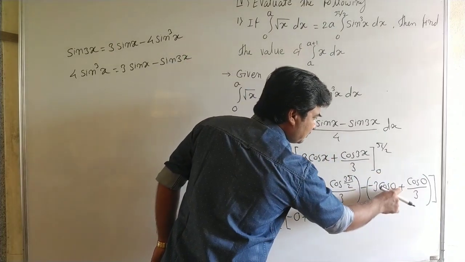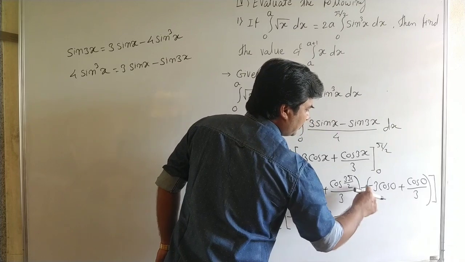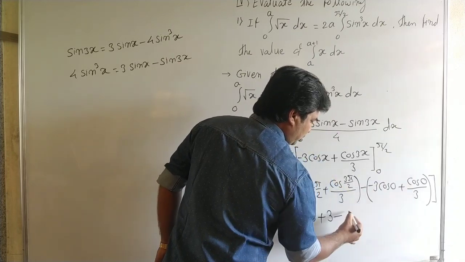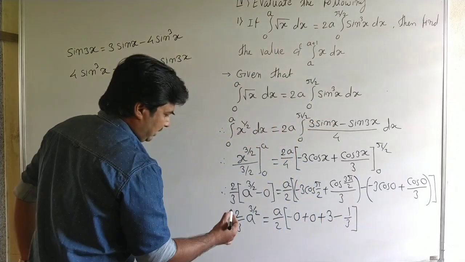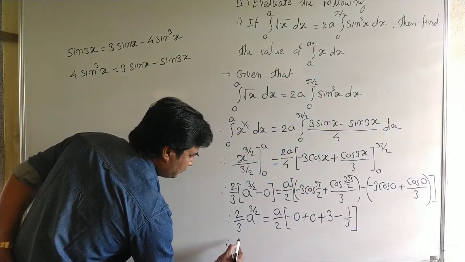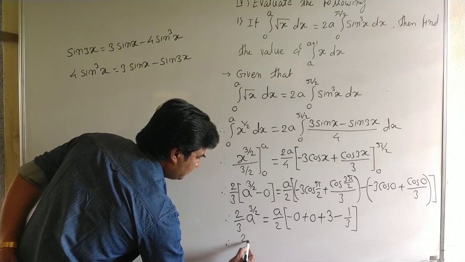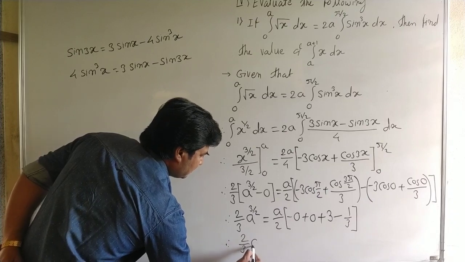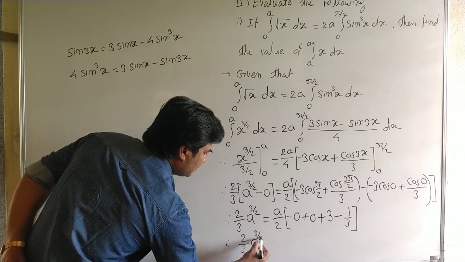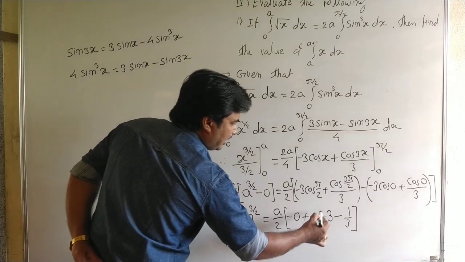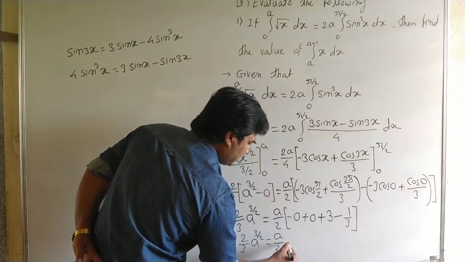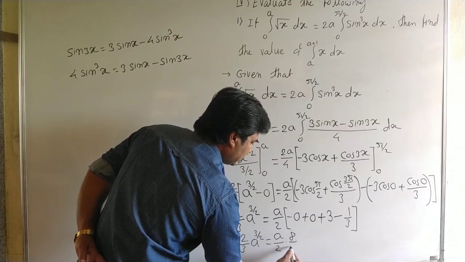Then this minus, this plus, it is a minus, and here cos 0 is 1, so here we can write 1 by 3. Okay, and then here it is 2 by 3 a to the power 3 by 2 is equal to a by 2, and here take the calculation, it is 9 minus 1, that means 8 by 3.